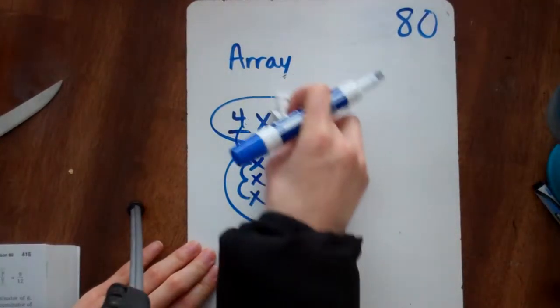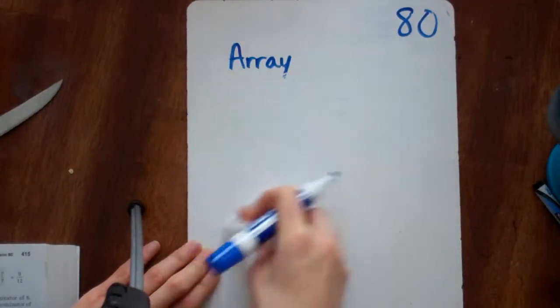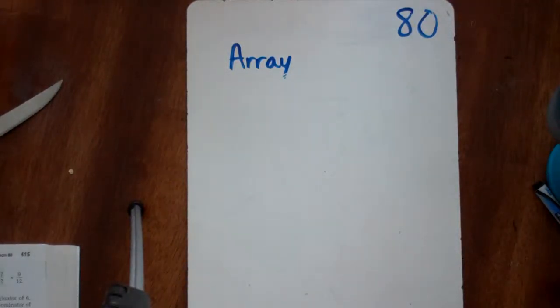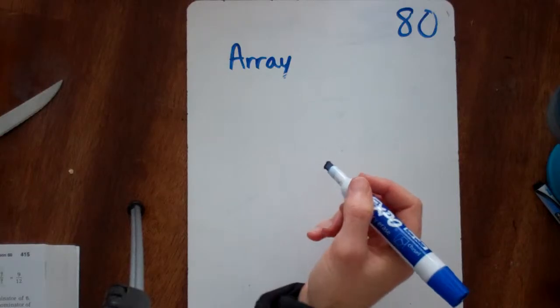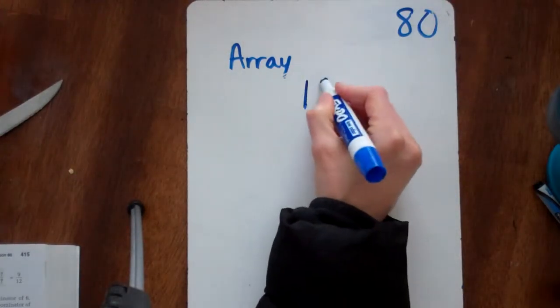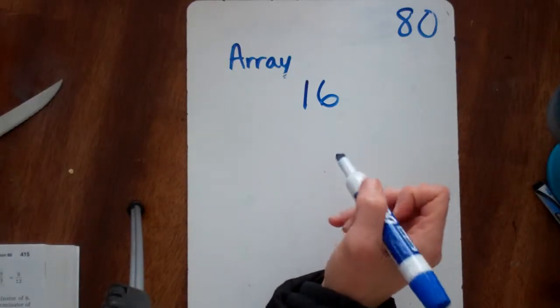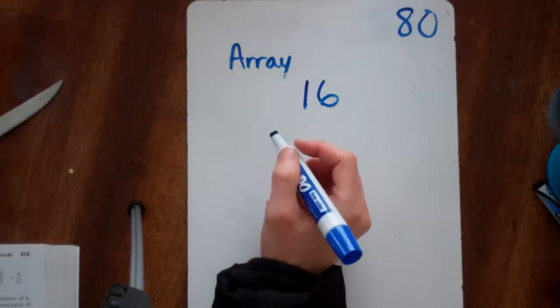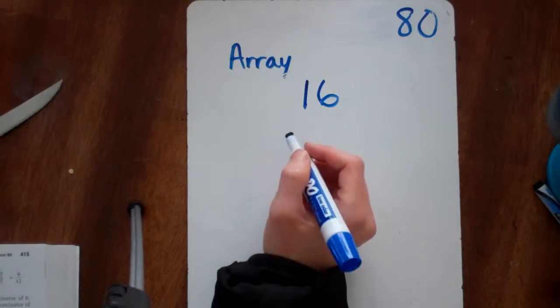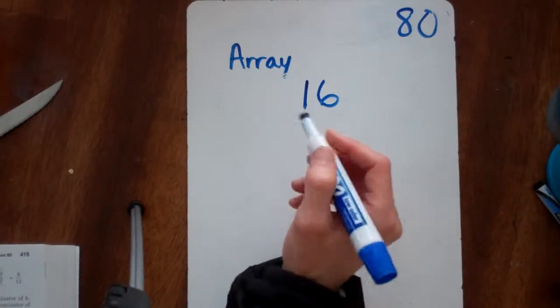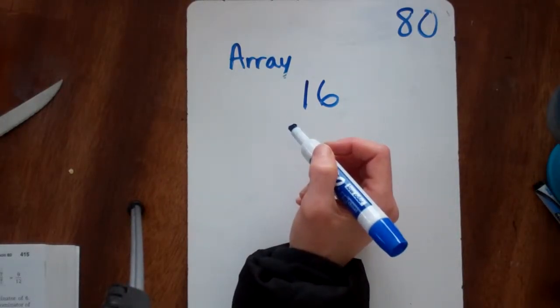But sometimes it's going to ask you things like this, okay? It may say, draw 3 arrays for the number 16. So I'm going to write down 16, and they're wanting me to draw 3 arrays. Okay, so the first step I want you to take is to think to yourself, then I need to come up with 3 sets of factors, okay, because they're wanting me to draw 3 arrays.